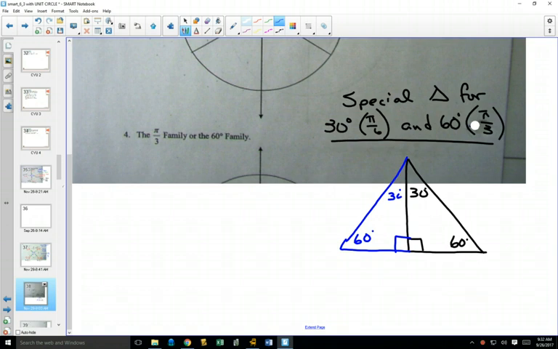So again, just like last time, you can pick any number you want. We could pick 3.9 for all the sides, but that's not going to make our math really easy. Sometimes when we're picking random values for sides, we do want to choose numbers that make most of our math easy.